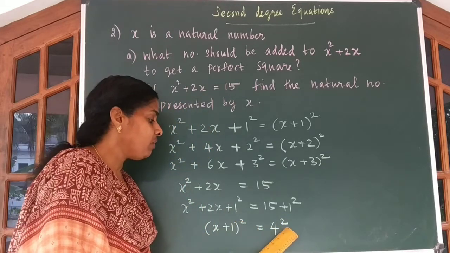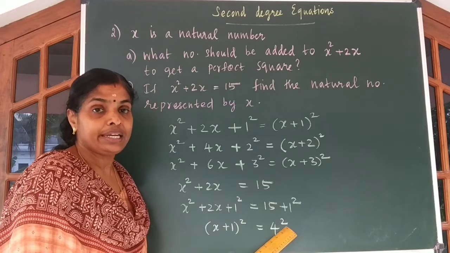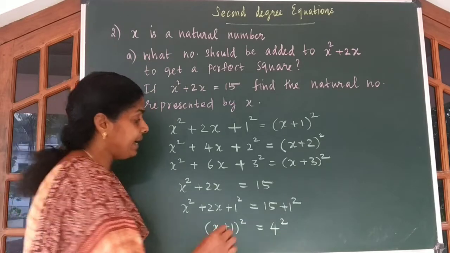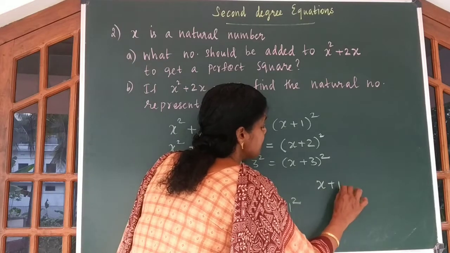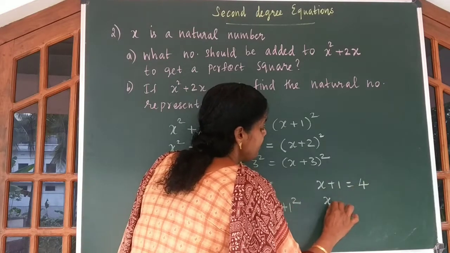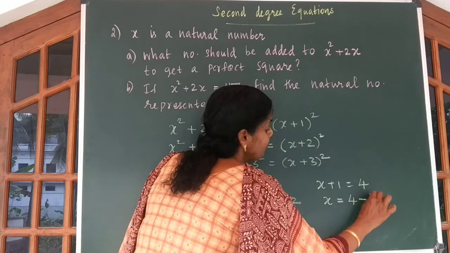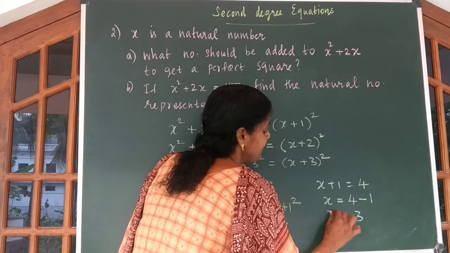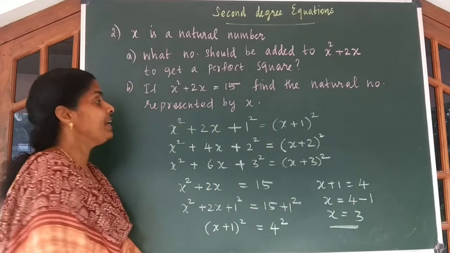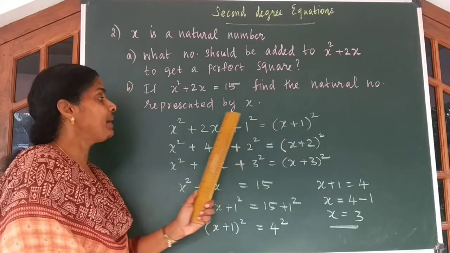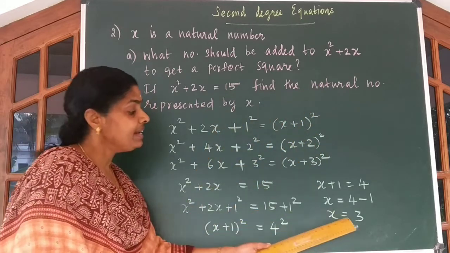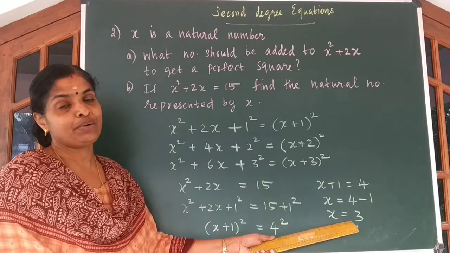Remove the square on both sides, or taking square root we get x plus 1 is equal to 4, or otherwise x is equal to 4 minus 1, which is equal to 3. So here we can say the natural number represented by x is 3 in the second part of the question.